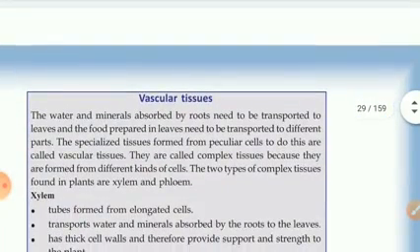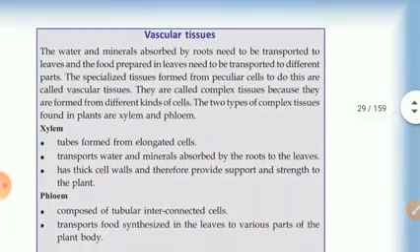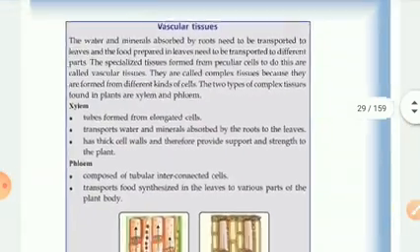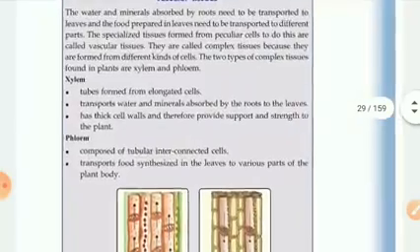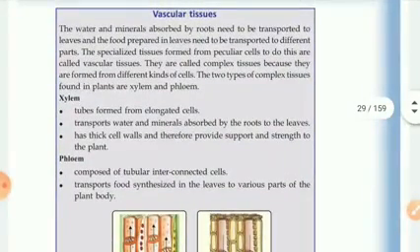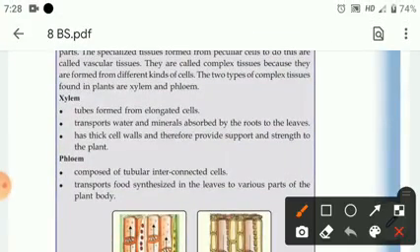Then I'm introducing another part, vascular tissue. So what is vascular tissue? Vascular tissue is xylem and phloem. So what do they do in the plant?